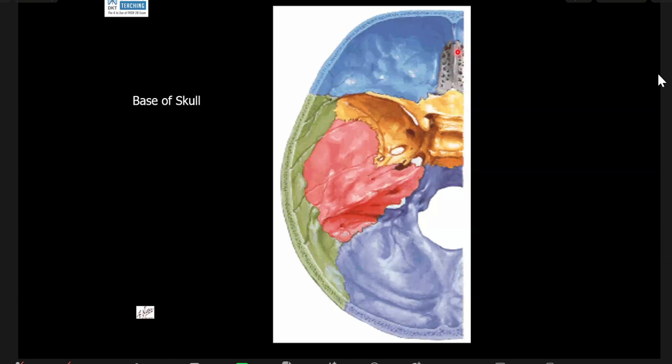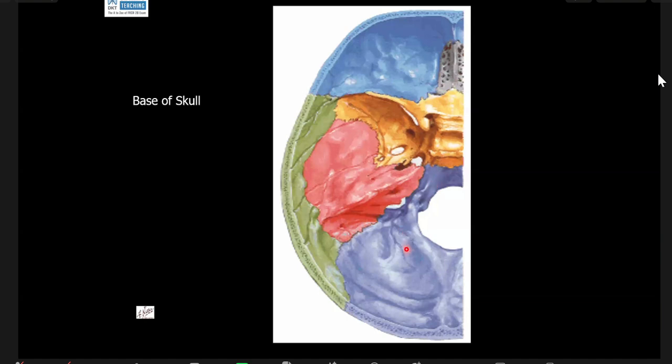The single bones, anteriorly, this is the ethmoid, this is the sphenoid, and this is the occipital bone. Temporal bone, last time I told you, is the most difficult anatomy of the human body. We have covered it. I think the second most difficult anatomy is the sphenoid bone, but much less than the temporal. So these are the midline structures.